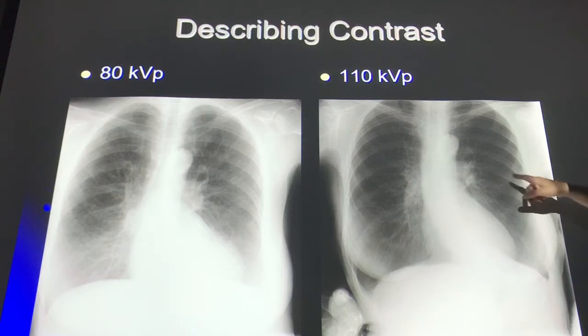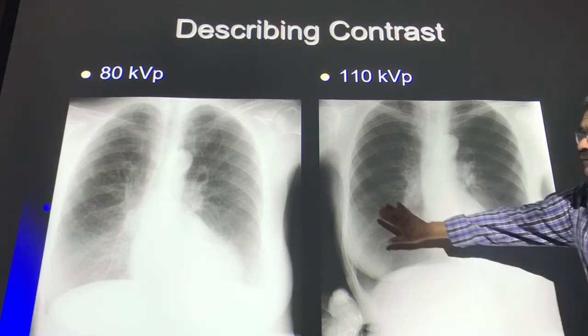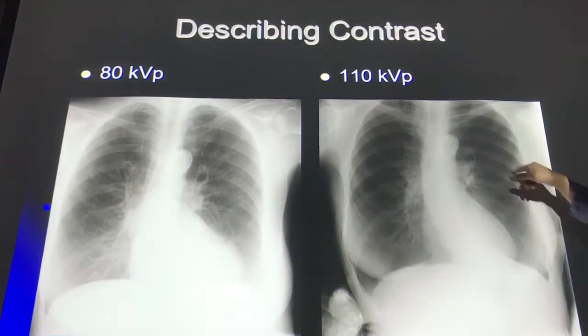It will still be difficult to see the ribs. It'll be nice to see all of this trabecular, but not the ribs. That makes sense? Okay.